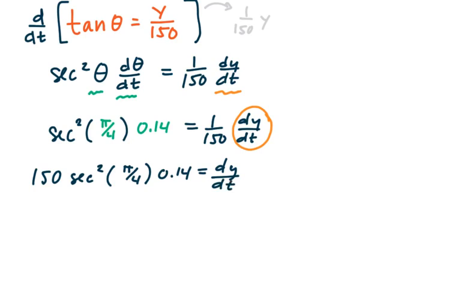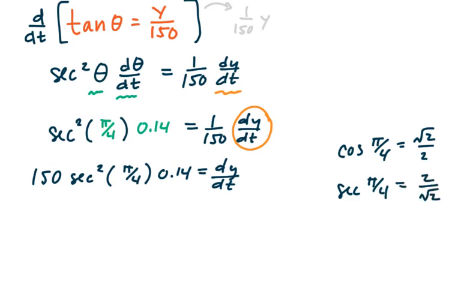Now, secant of pi over 4: secant is the reciprocal of cosine. Cosine at pi over 4 is root 2 over 2. So that means secant of pi over 4 is 2 over root 2, which rationalizes and just becomes root 2.